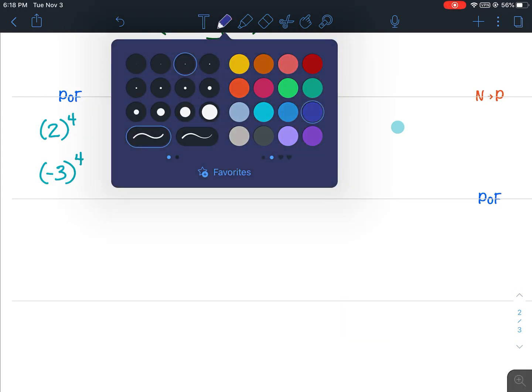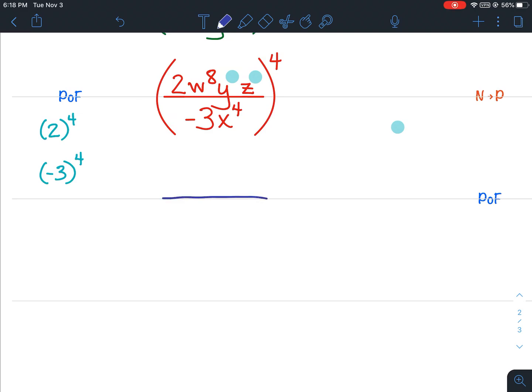Trying to find a good color to put my final answer. We'll put it in blue. Okay. So 2 to the 4th. Put that in your calculator.